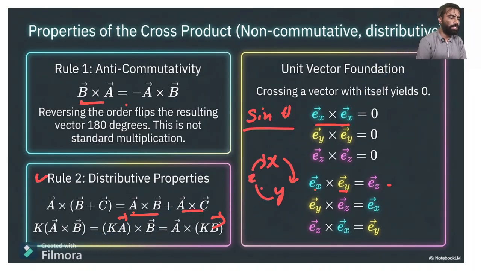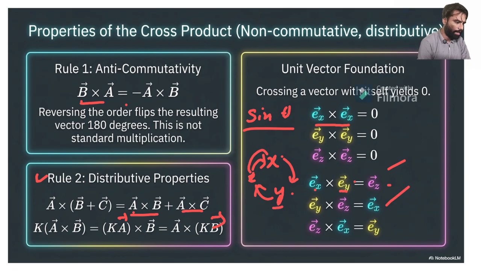So it will always give you the next one in the circle. If you multiply x and y, it will give you z. If you multiply y and z, it will give you x, and if you multiply z and x, it will give you y.